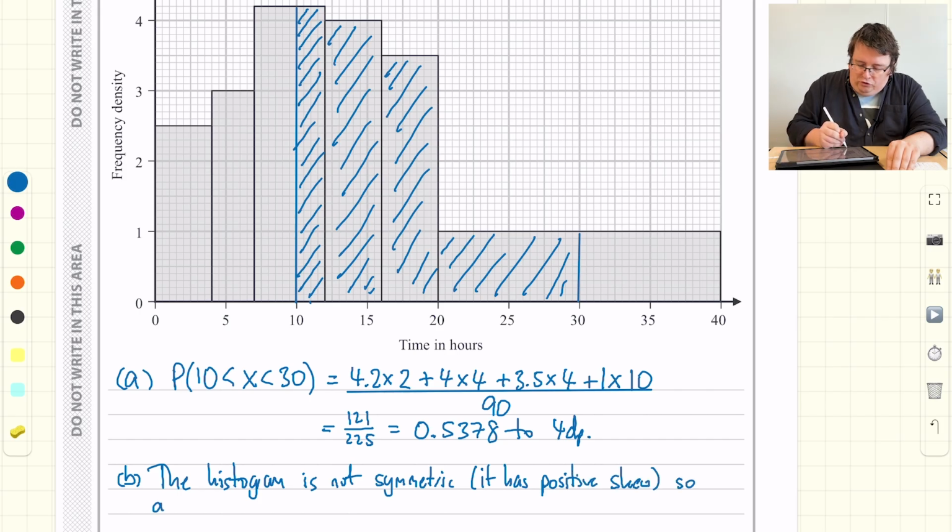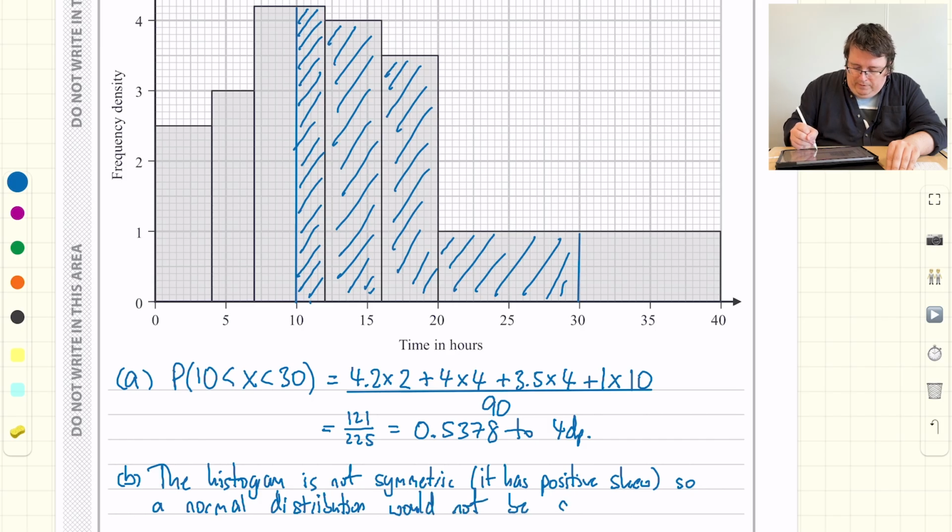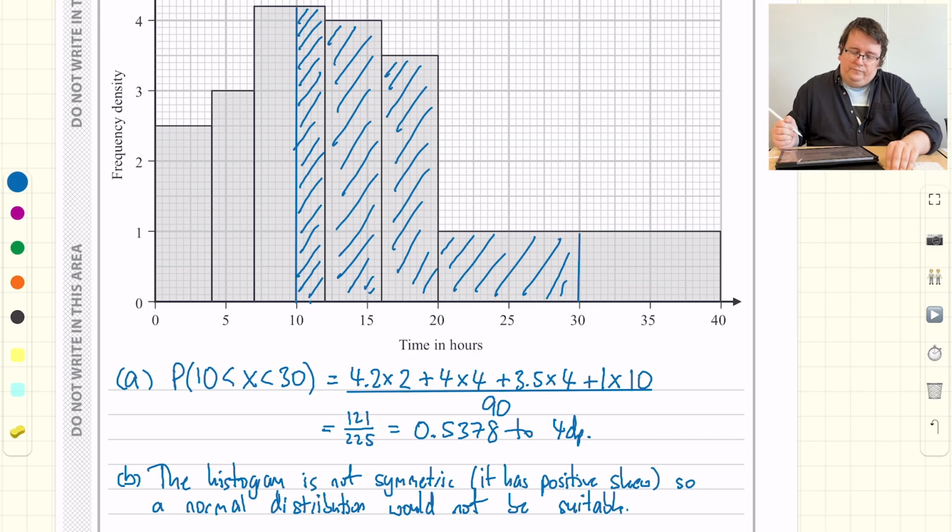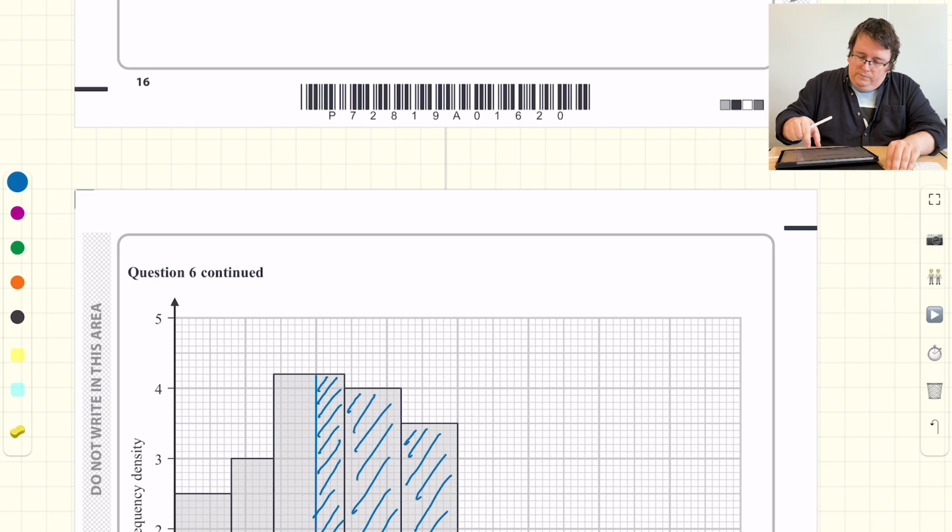So a normal distribution would not be suitable. Okay.